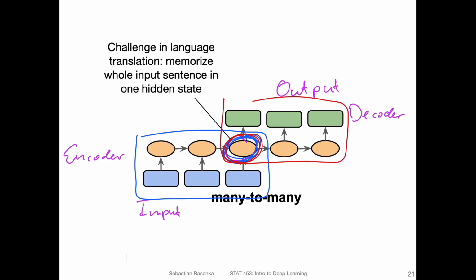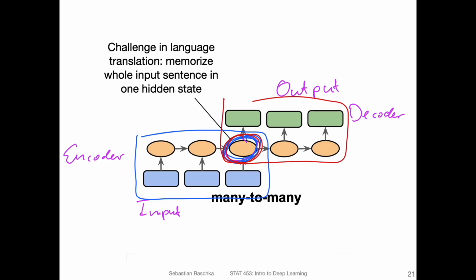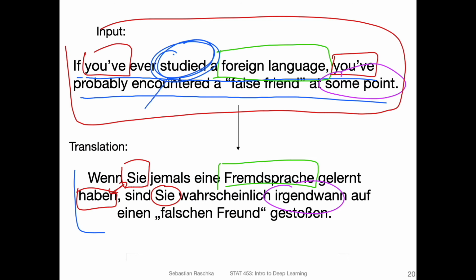So if I go back one more time to my sentence here, so let's say it's currently at that point translating this sentence. It's allowed to look in the original sentence at which words are most important. So it has access to the whole sentence at each time step, essentially. That's the idea. And some words are more important than others.